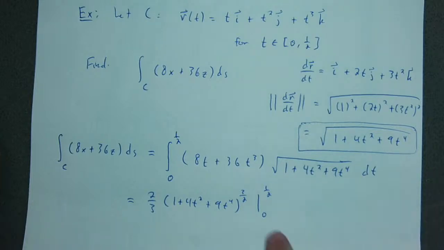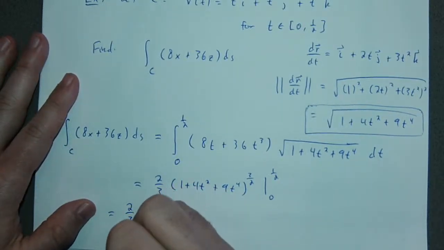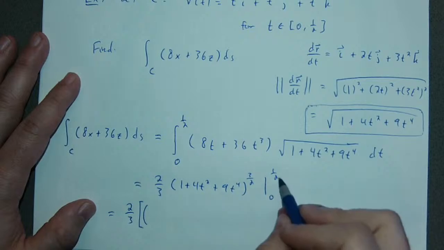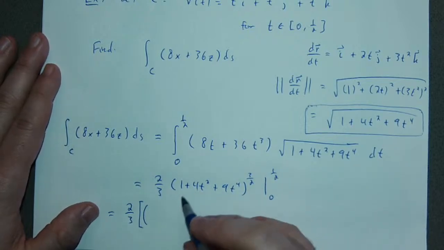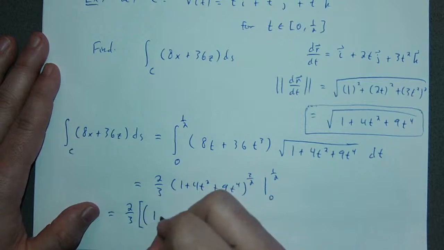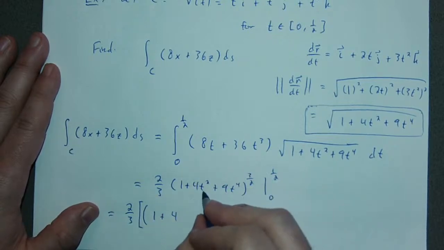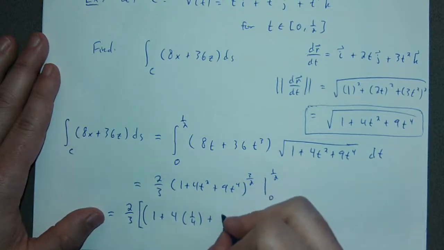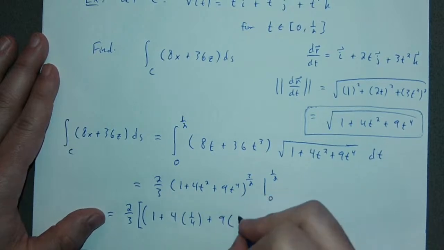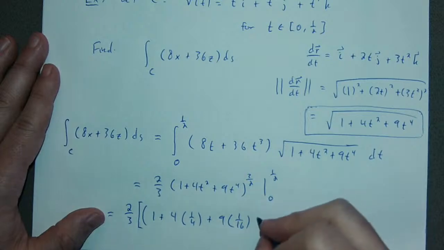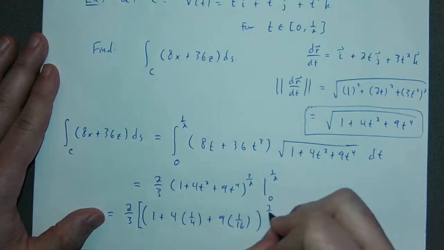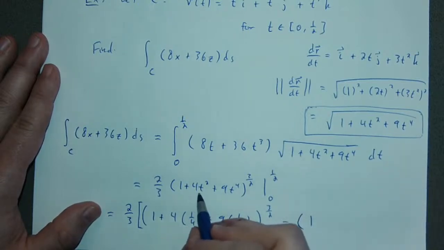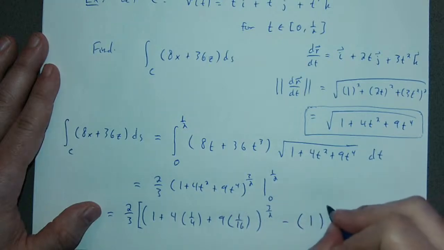Okay, and so what is this? This is 2/3 times, well, first I have the expression where I've plugged in 1/2 here, so this is 1 plus 4 times 1/2 squared, so that's 1/4, plus 9/16, all right, so 9 times 1 over 16, okay, to the 3/2, right, minus 1 plus 0, plugging in 0 here, plus 0, so that's 1 to the 3/2.